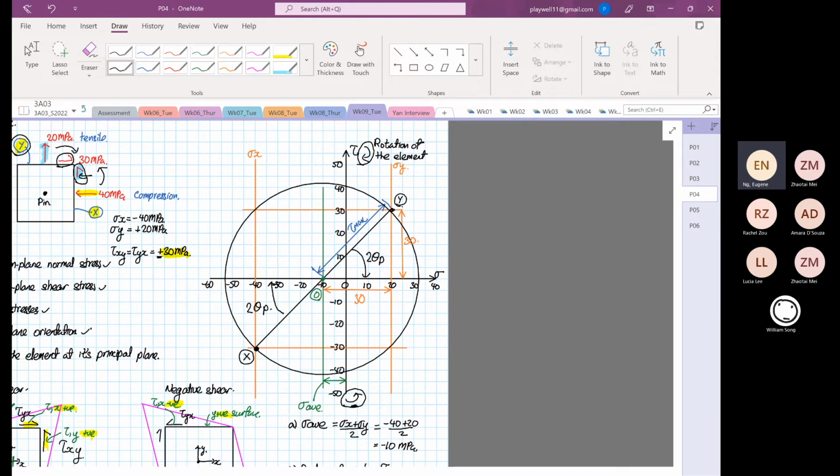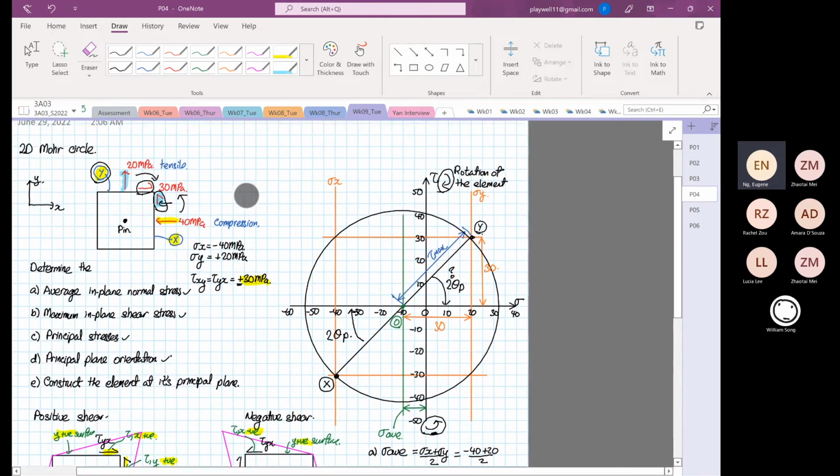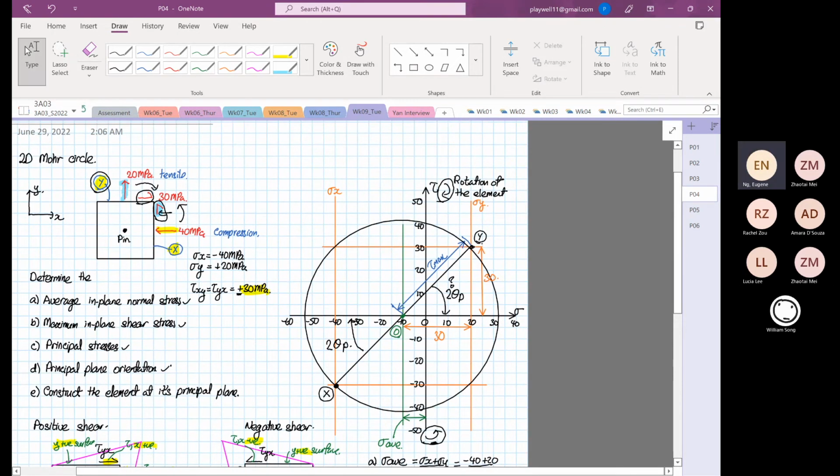Okay. Now, before I go on, you guys will ask me, Eugene, why 2 theta P? Why not theta P? Why 2 theta P? Okay. I want you to watch this, okay? Let's look at the element.